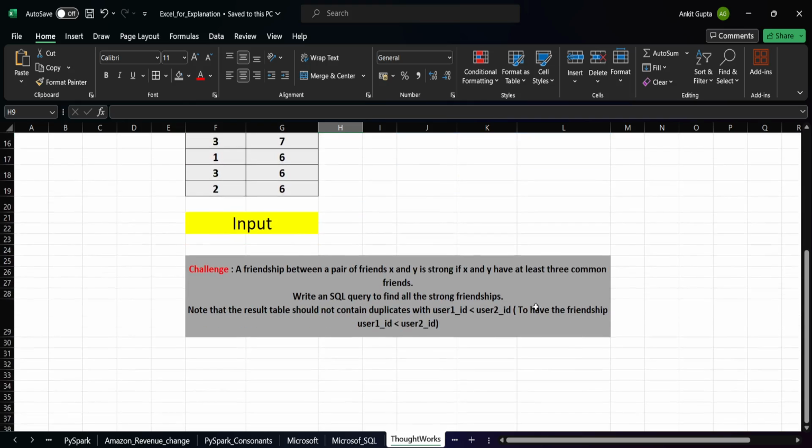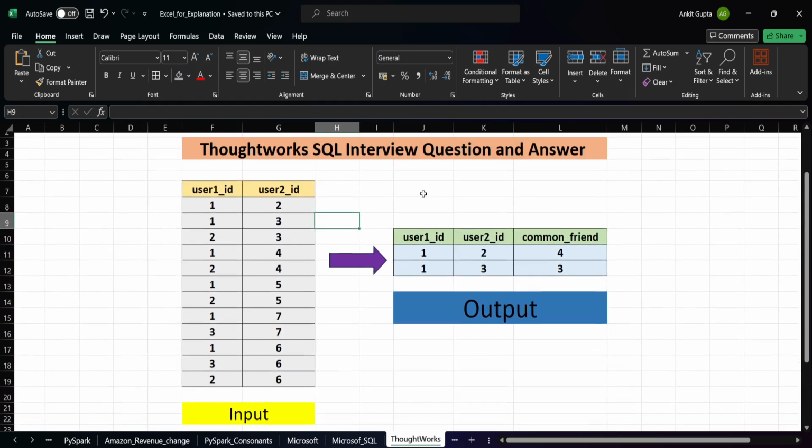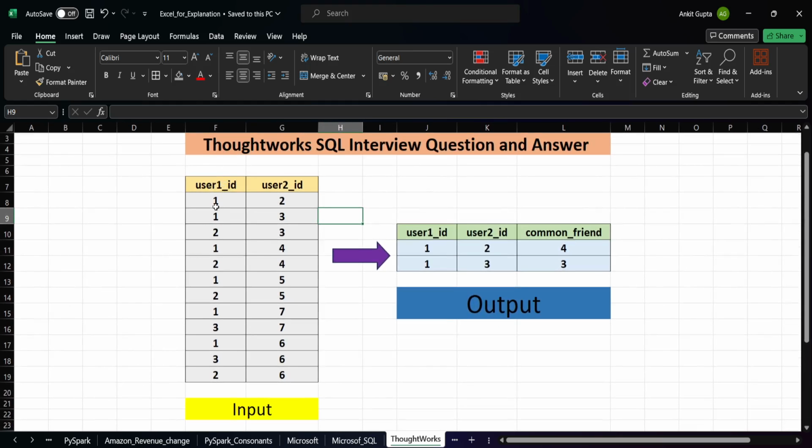Now let's read the challenge that we need to solve. A friendship between a pair of friends X and Y is strong if X and Y have at least three common friends. Basically, these two columns are the friendship: 1 is a friend of 2, and similarly we can say that 2 is a friend of 1.